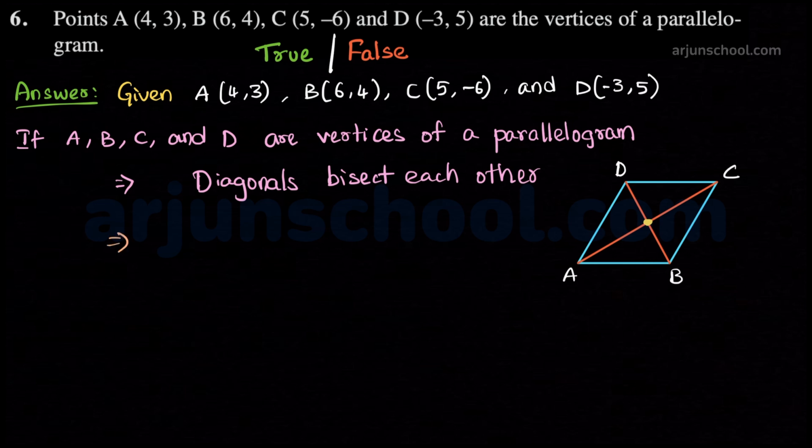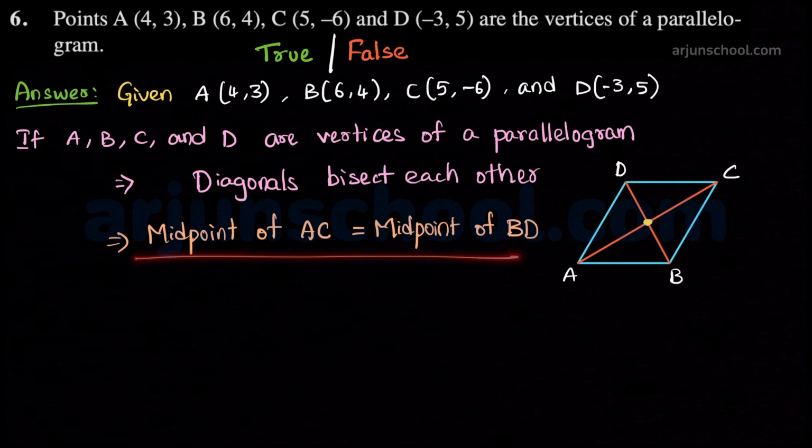When these diagonals bisect each other, their midpoints must be the same. Midpoint of diagonal AC must be equal to midpoint of diagonal BD. If we can verify this, then the given vertices can form a parallelogram.